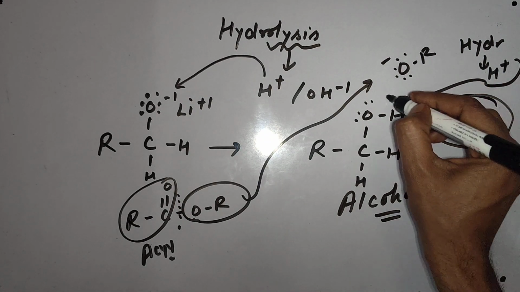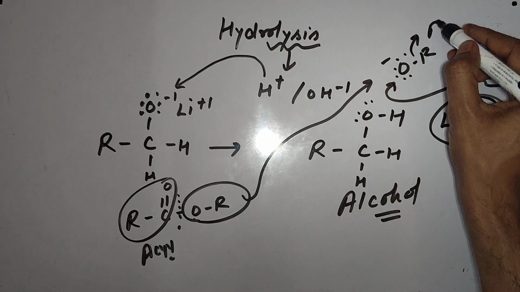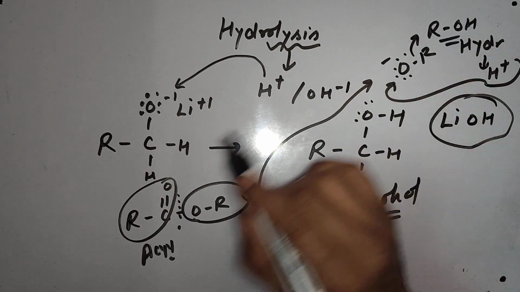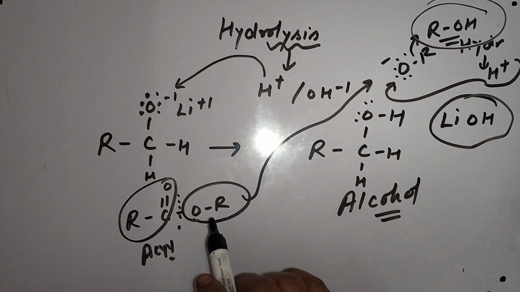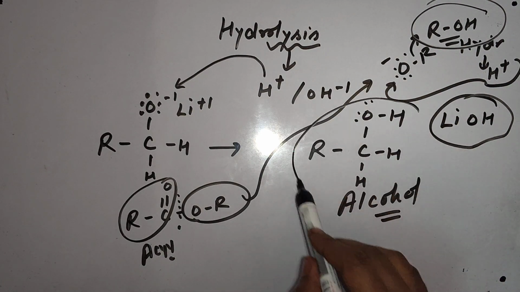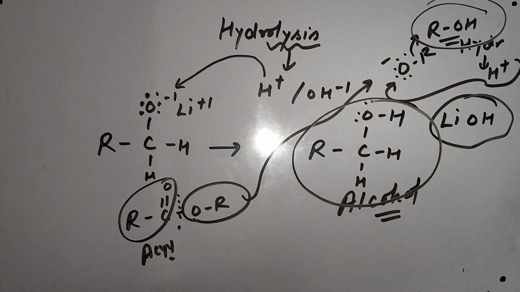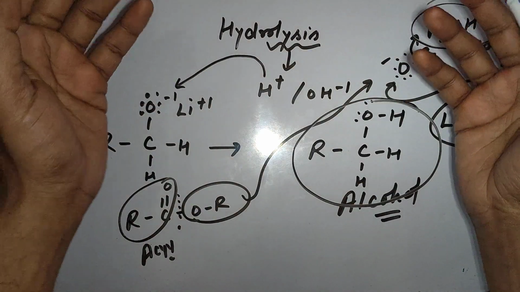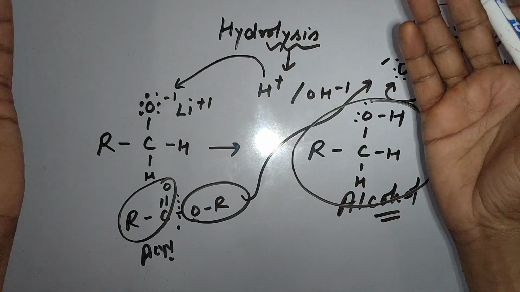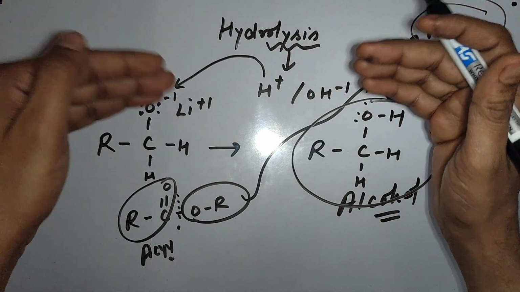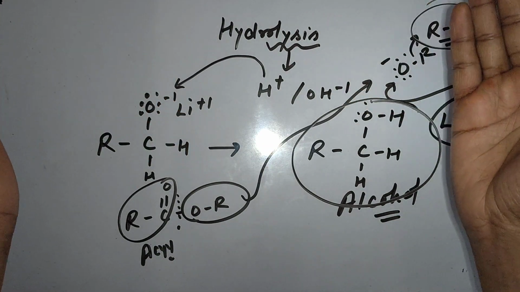That H positive will combine with O negative and give you ROH, alcohol. This ROH will be from the alkoxy part, and this alcohol will be generated from the acyl part. This is the mechanism we have for ester reduction through sodium and alcohol and through lithium aluminium hydride.